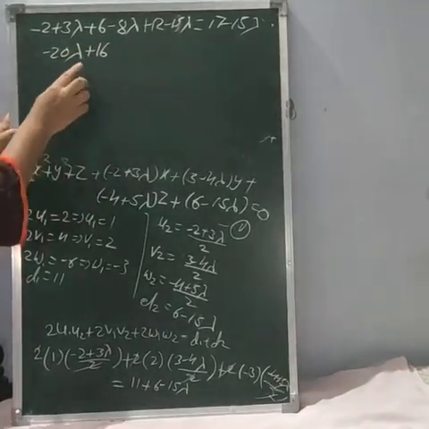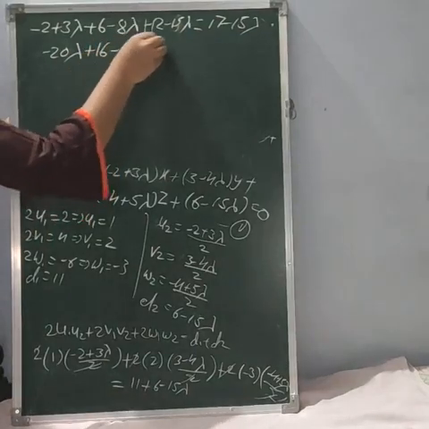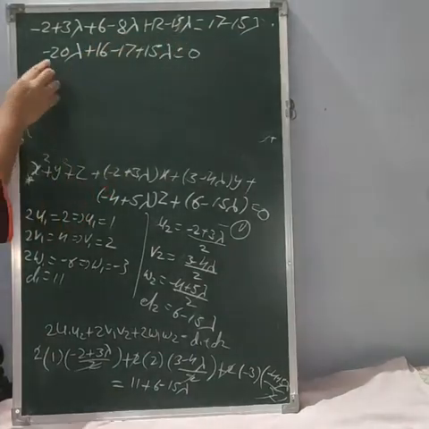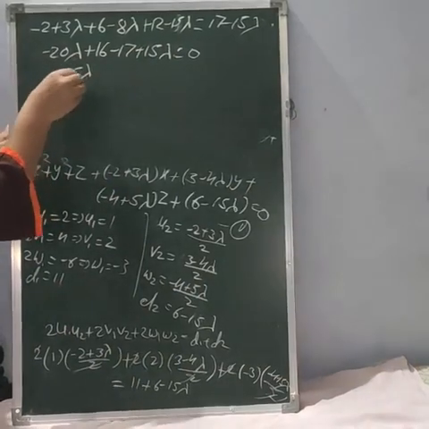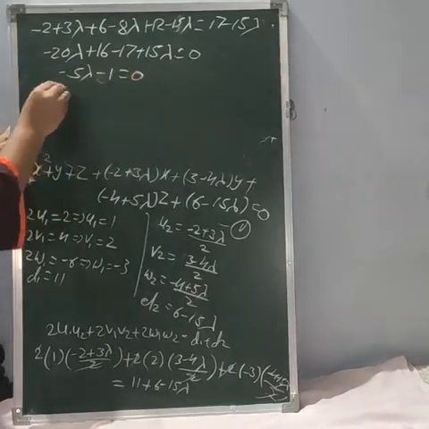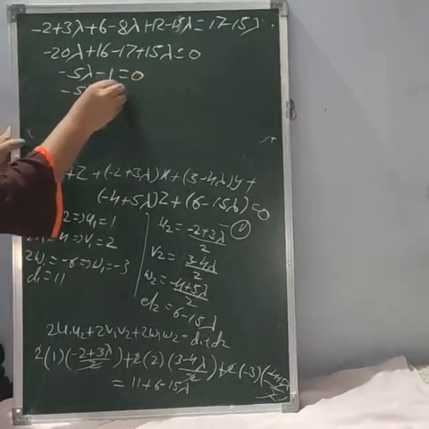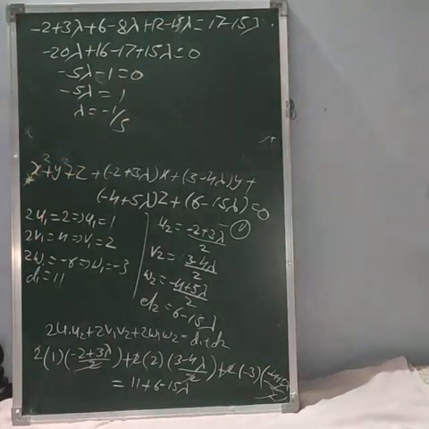Bring this term to this side. What will you get here? Minus 17 plus 15 lambda is equal to 0. Again minus 20 plus 15, so you will get minus 5 lambda, plus 16 minus 17, minus 1, is equal to 0. So find the value of lambda. Minus 5 lambda is equal to 1, so lambda is equal to minus 1 by 5.